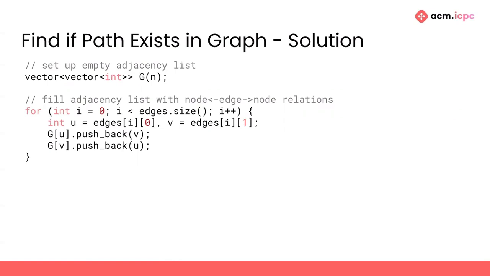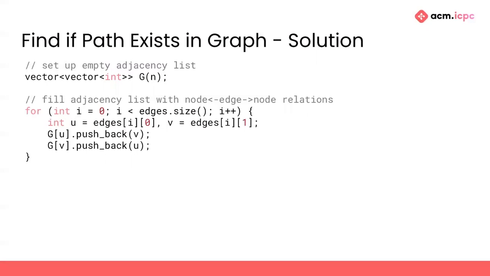So on this slide, here's C++ code on how to construct the adjacency list. We'll call that one G. Since there are n nodes, we'll make n lists in G, and then we'll fill it up with the node to node relations.